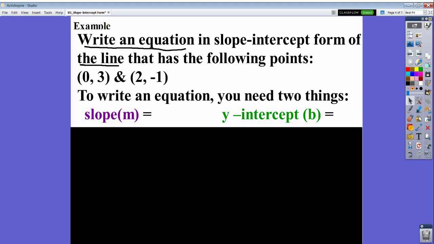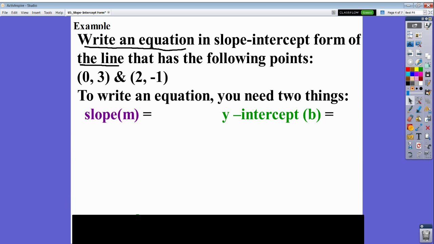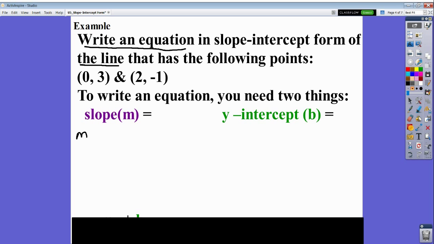Typically, we're always going to try and find the slope first. The slope formula is m equals y2 minus y1 all over x2 minus x1, which means we're going to need to label our points: x1, y1, x2, and y2.